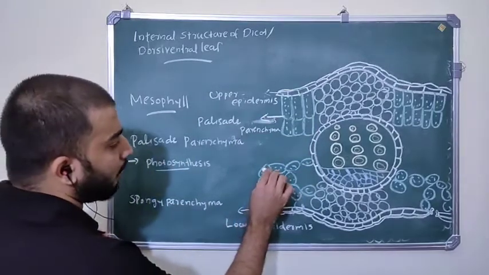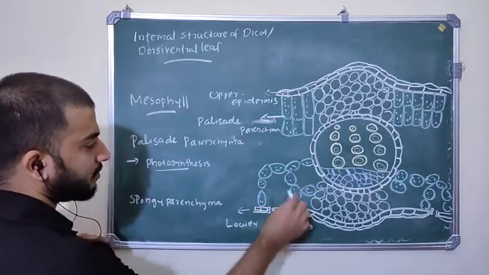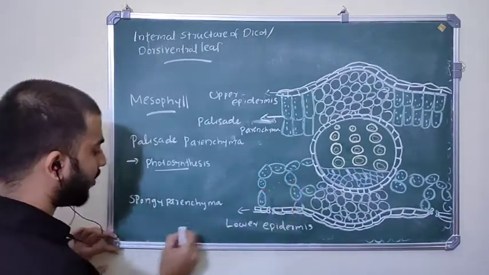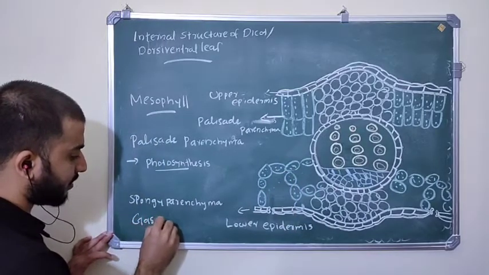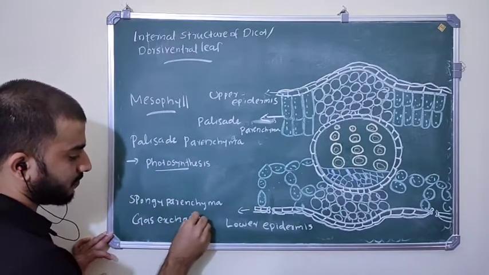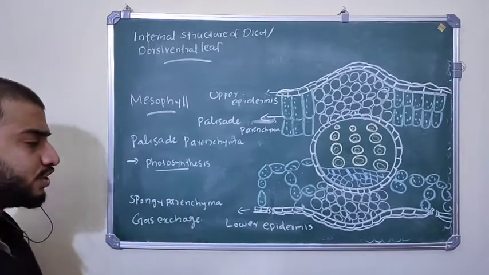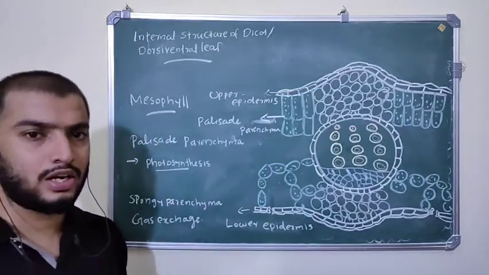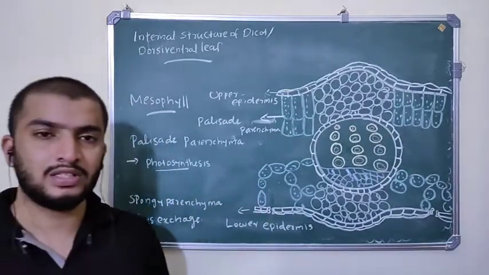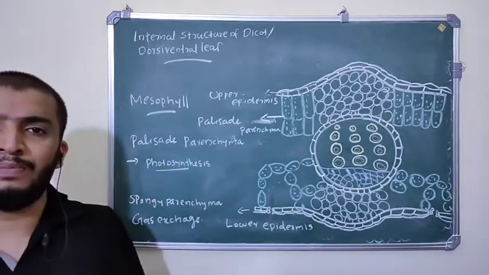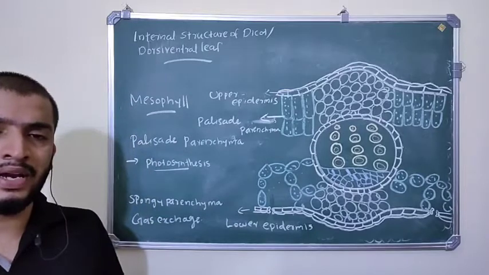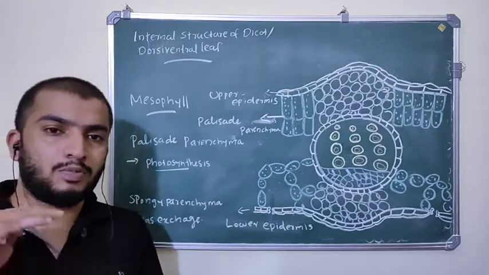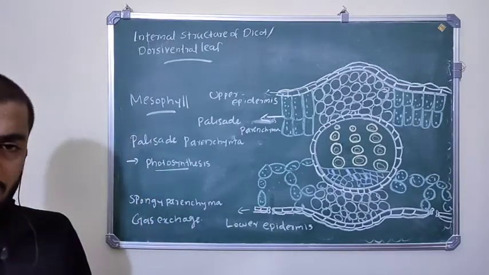These cells are oval or spherical in shape and have a lot of intercellular spaces in between, and they help in gaseous exchange. So there are two types of mesophyll cells: palisade parenchyma cells have more chloroplasts and perform photosynthesis, but spongy parenchyma cells perform gaseous exchange.